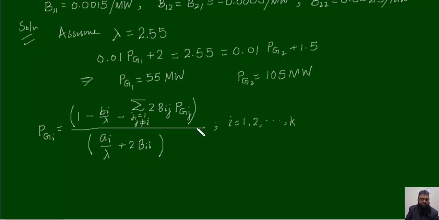If you are not aware of this derivation, you can go through that lecture. Now in this problem we have a two plant system, so i will be 1 to 2. So write expressions for Pg1 and Pg2.